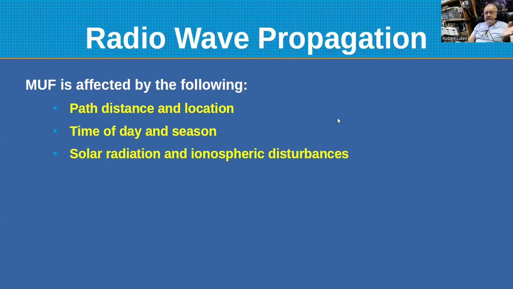And like I said, all these things are affected by the time of day. Daytime is better for refraction of the higher frequencies. It's worse for lower frequencies because they tend to get absorbed in the D layer.